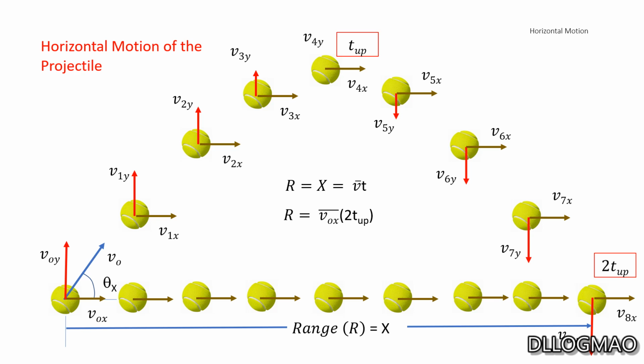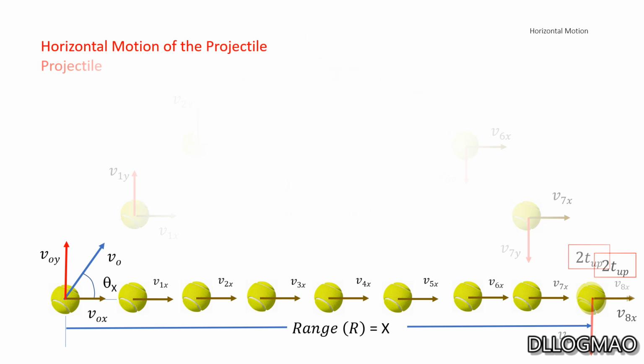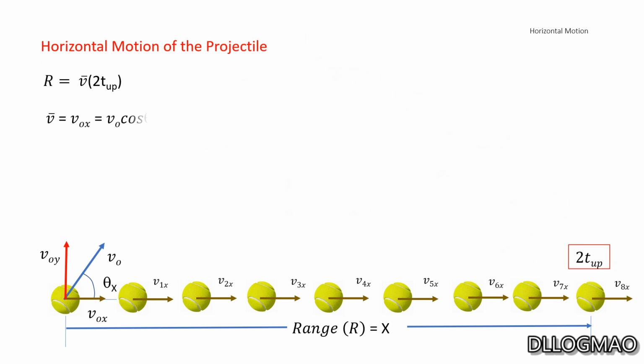With this equation, the average velocity is equal to v sub 0 sub x and is equal to v sub 0 cosine theta sub x. Time sub up is equal to the ratio of the product of v sub 0 and sine theta sub x, and g. The range r is equal to v sub 0 times cosine theta sub x times 2 times the ratio of v sub 0, sine theta sub x, and g.